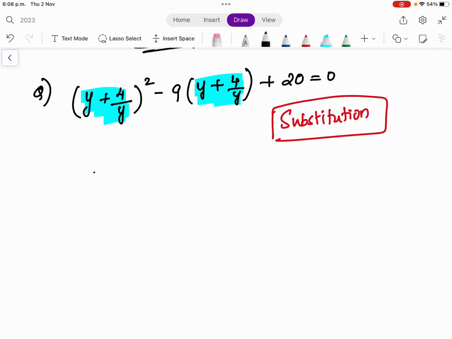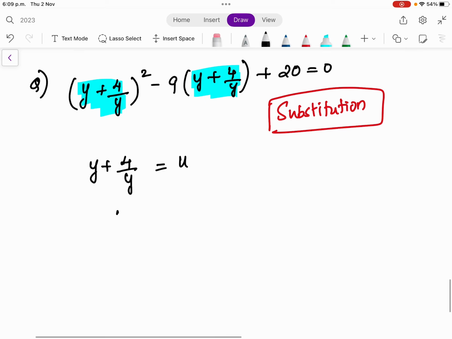So you should substitute y plus 4 over y with some other variable, maybe u. So this equation will become u square minus 9u plus 20 is equal to 0.